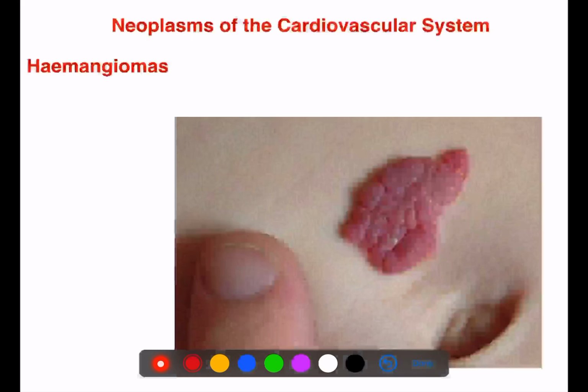Let's move now to the neoplasia that affects the cardiovascular system. The first type of neoplasia is a benign neoplasia, and we talked about it in the general pathology chapter of neoplasia. This neoplastic lesion is called hemangioma.